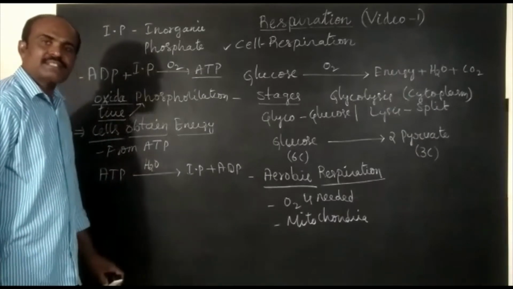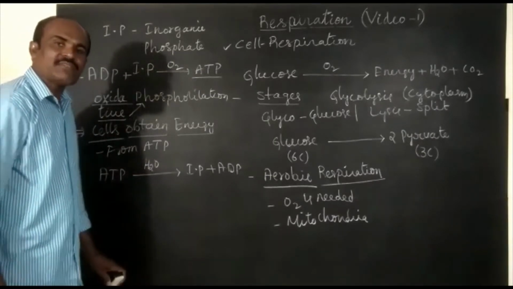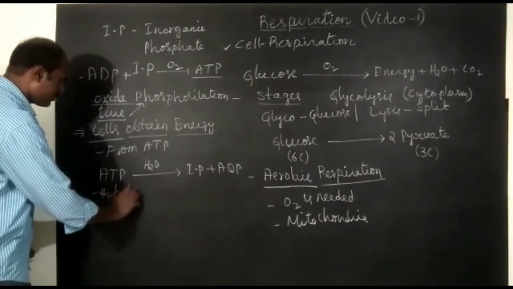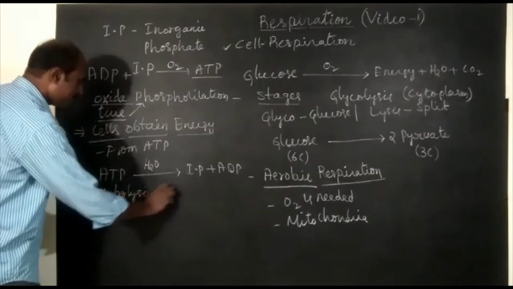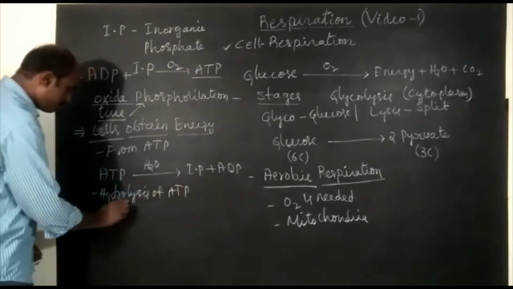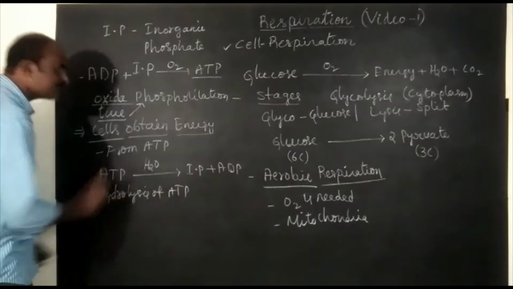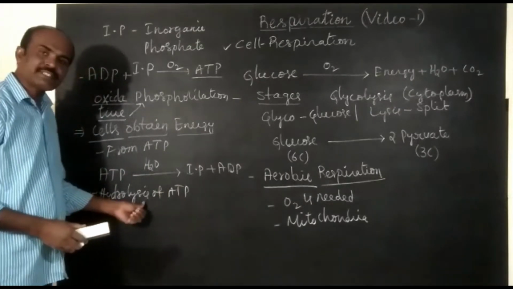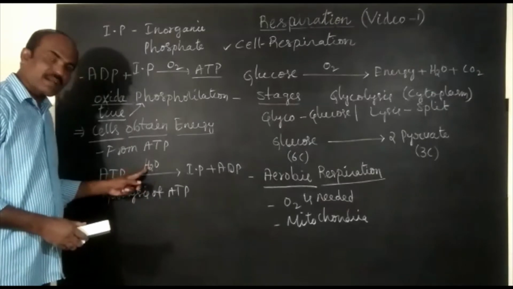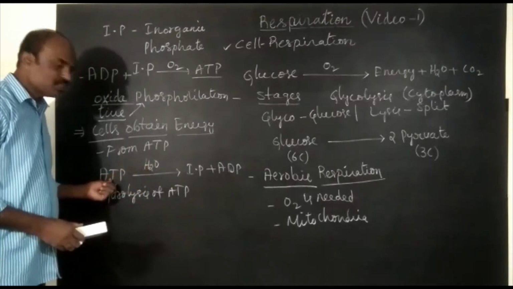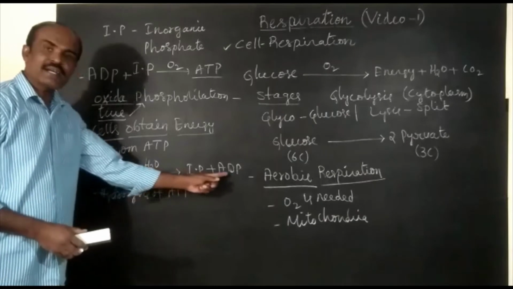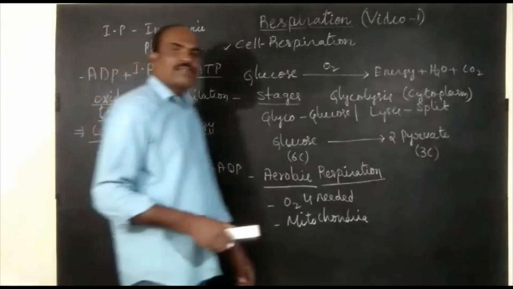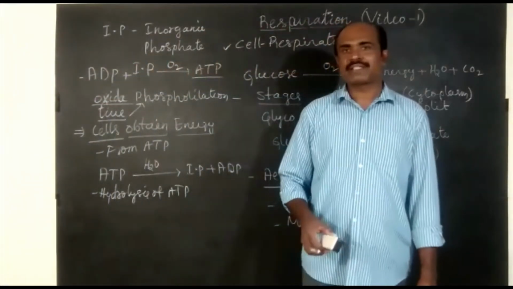So that is why this is called hydrolysis of ATP. Hydro means water, lysis means split, that we know already. In the presence of water, ATP splits into inorganic phosphate and ADP. So in our coming video, we will discuss more about anaerobic respiration.